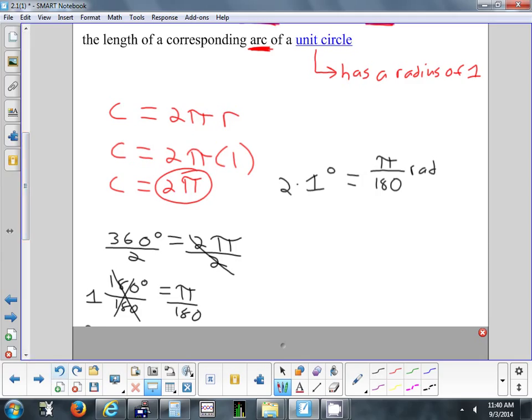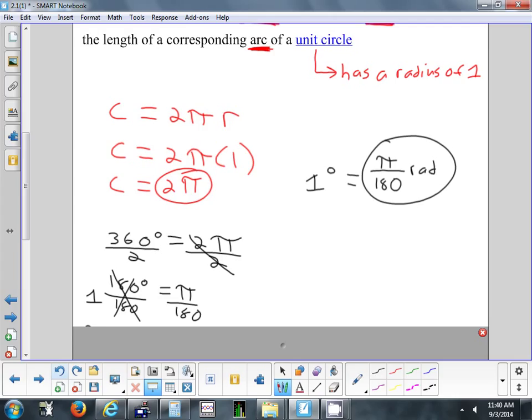What if I wanted to know how many radians in 5 degrees? Multiply by 5. 5 times 1 is 5 degrees equals 5 times, and then we do that up. So the key is that fraction on the right-hand side. Multiplying by pi and dividing by 180.